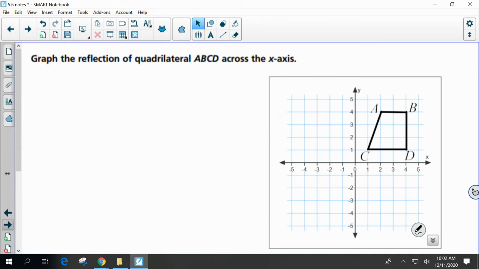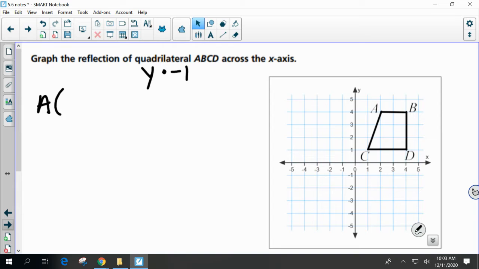So we're going to graph the reflection of quadrilateral ABCD across the X axis. So in order to do this, we have to take our Y value times -1. What we're going to do first is list out the coordinates of ABCD.